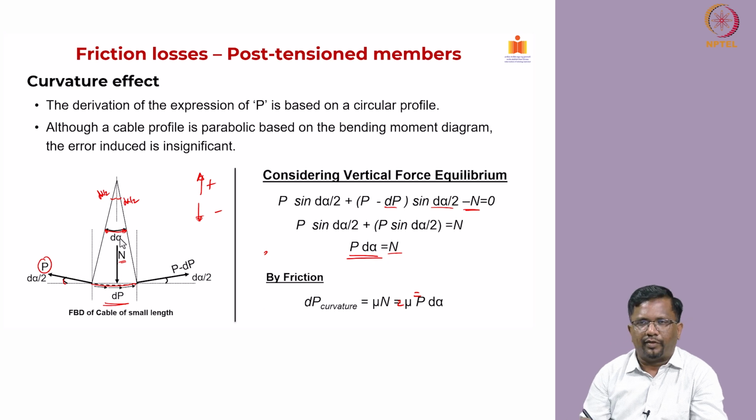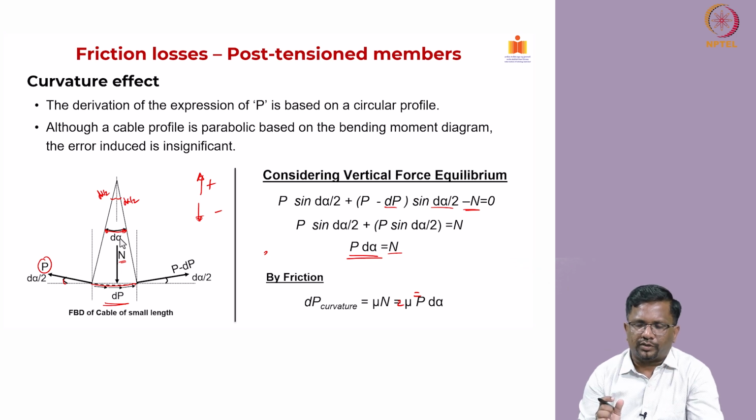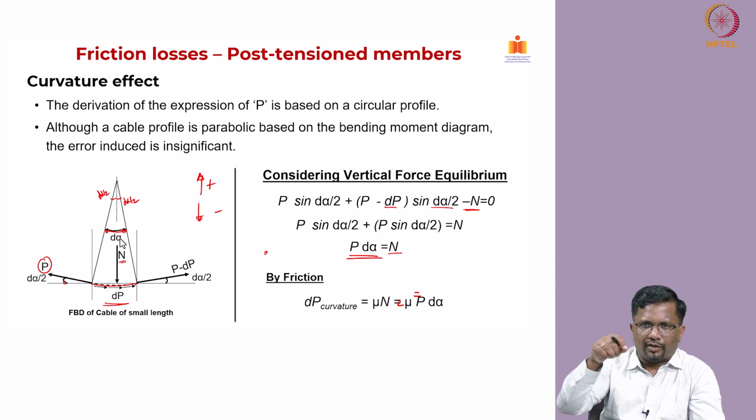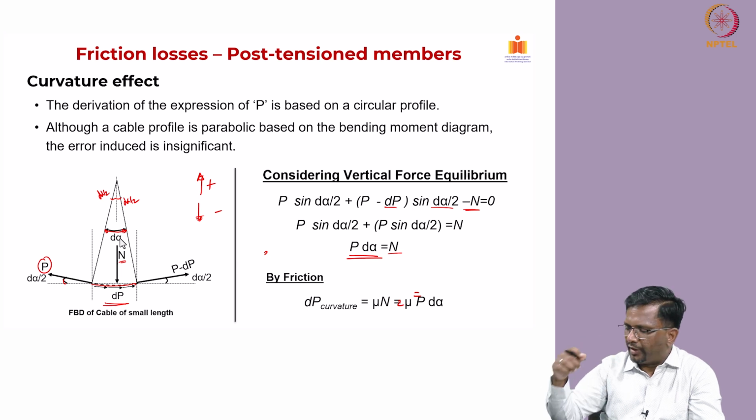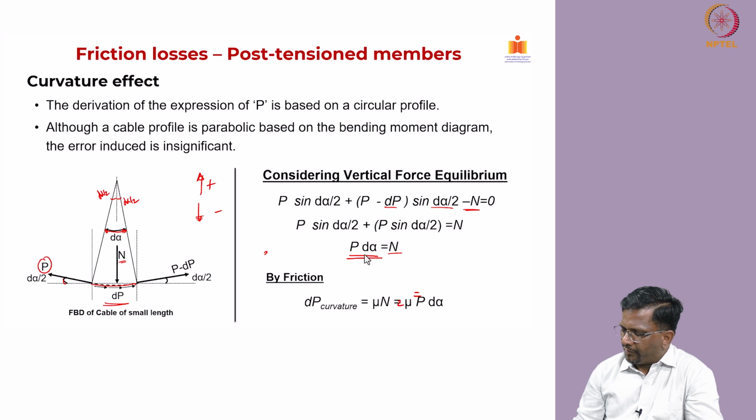What is the angle dα? dα is the angle change that is happening for the cable profile over a small length, right. dα is the curvature angle that the cable is subtending. Now, what is the dP from curvature?